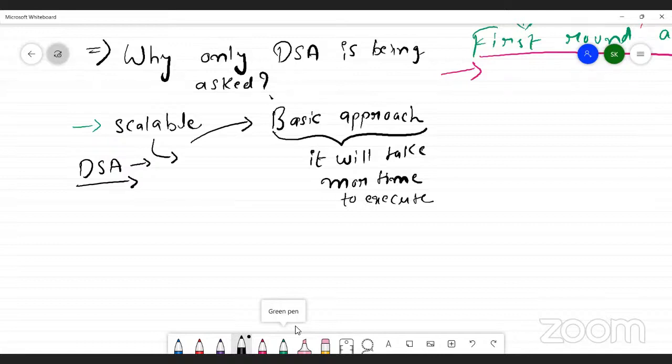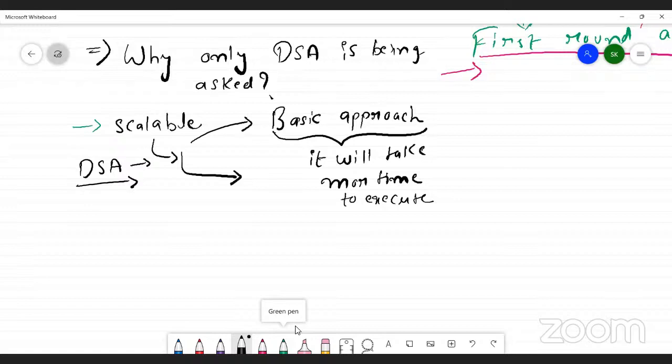But in an interview, you were successful in writing the basic approach. Then the interviewer understands that okay, this particular candidate has a good knowledge of the basic things. Let's move forward and see how much this person can modify this particular problem. Then he will ask you, okay, this approach works well, but can you optimize it?